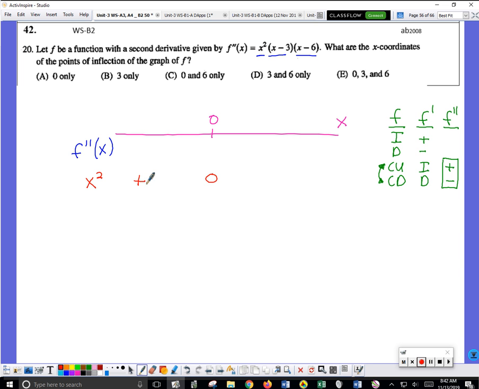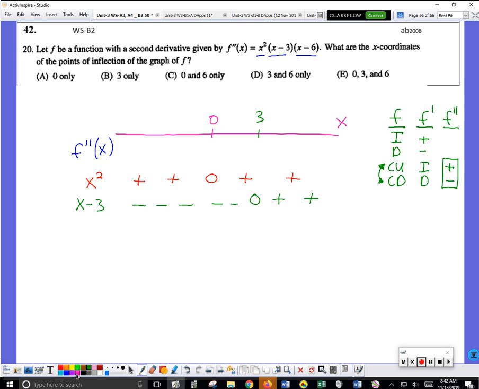Otherwise, this factor is always positive. X minus 3 will equal 0 at X equals 3. Over here, when X has negative values, this will be negative. Over here, positive.